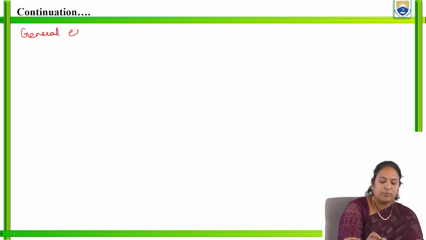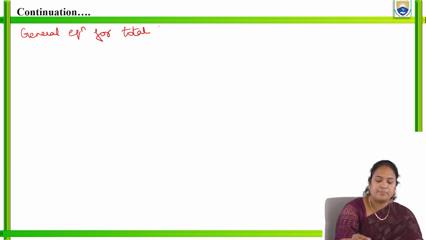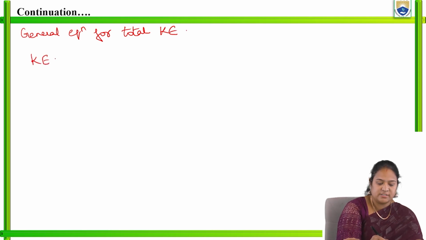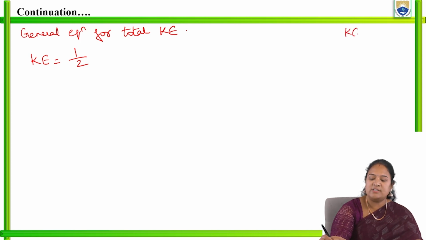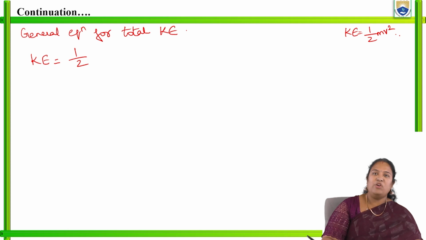The general equation for total kinetic energy: we know the formula of kinetic energy, that is kinetic energy is equal to half mv squared. So using the Euler-Lagrange equation, how do we determine this kinetic energy for a robot?